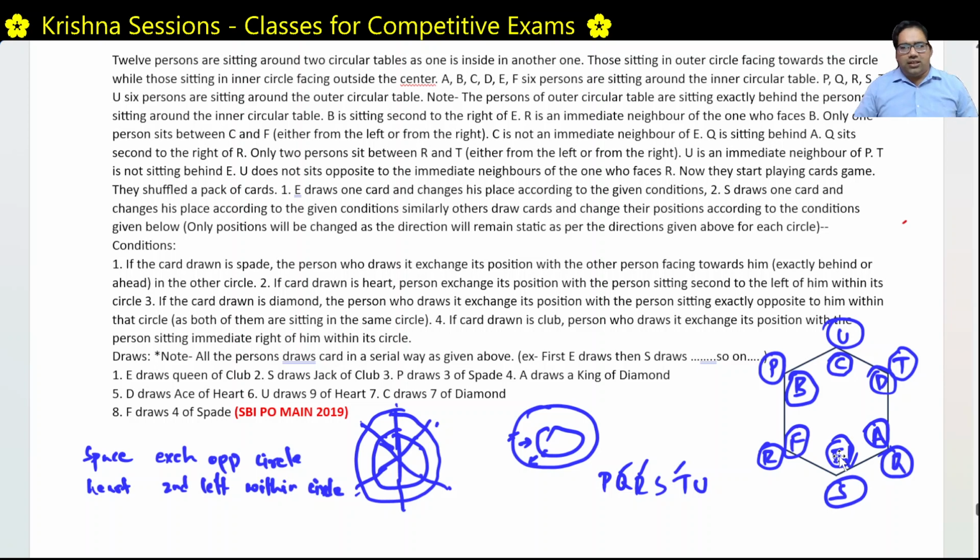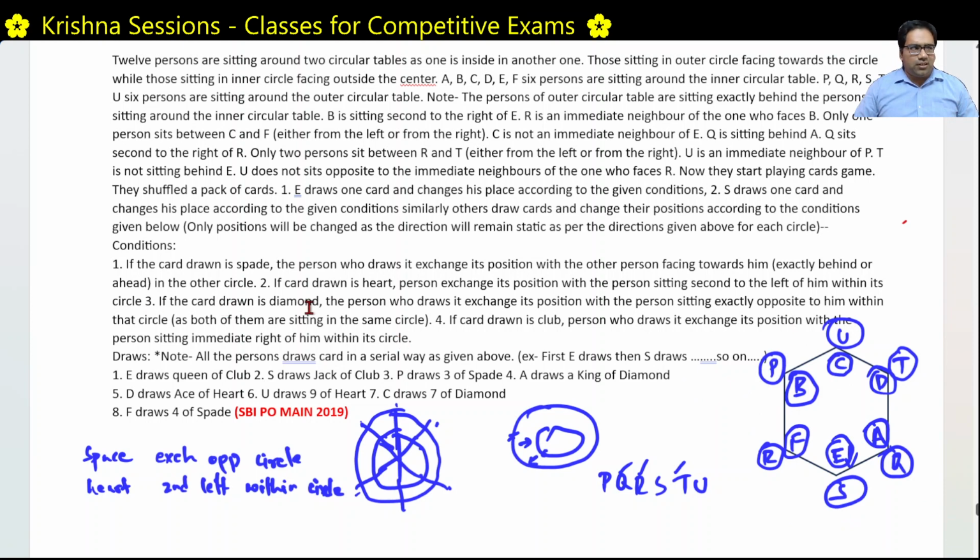If E draws a heart, who is the second left? E is facing outside, right? His second left will become this, right? His second left becomes D. He will exchange with D. Similarly, if S draws heart, his second left will be P. P and S will exchange their seats.